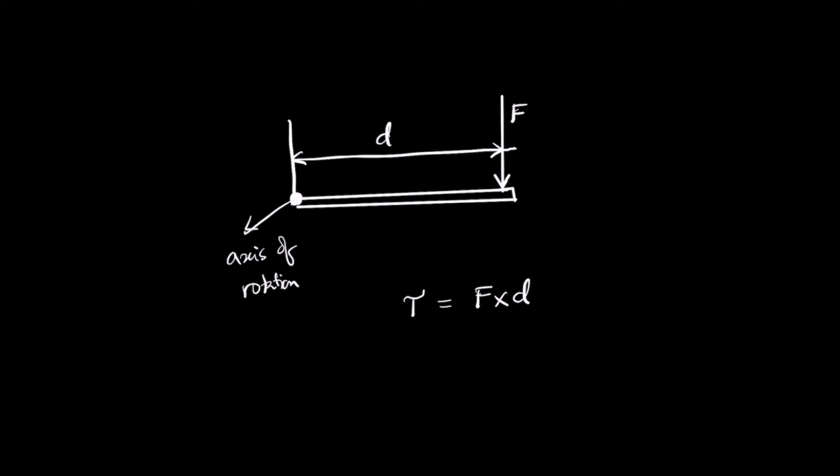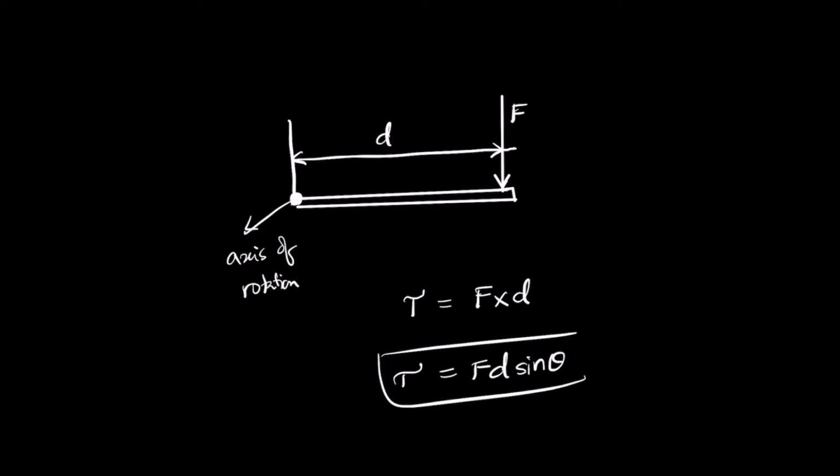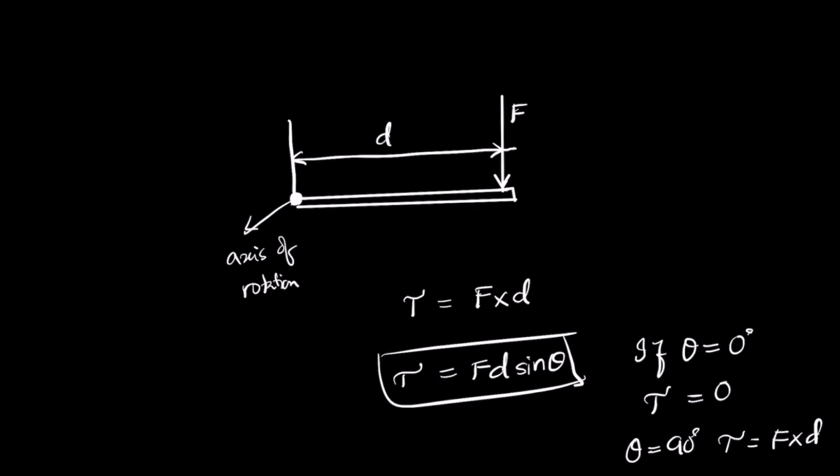And if there is an angle between the force and the distance, then the torque becomes F d sine theta. So if theta is 0 degrees, then the torque is 0. If theta is 90 degrees, torque becomes F times d. These are the two conditions that we generally take into consideration.